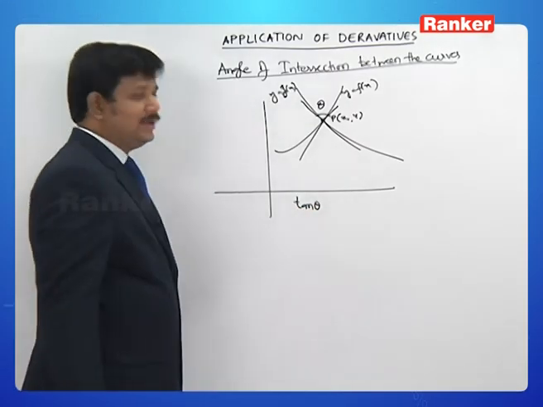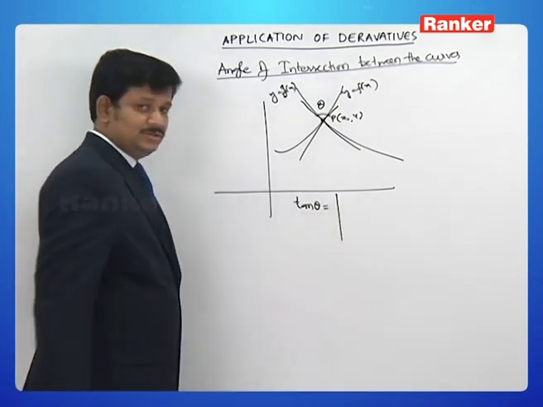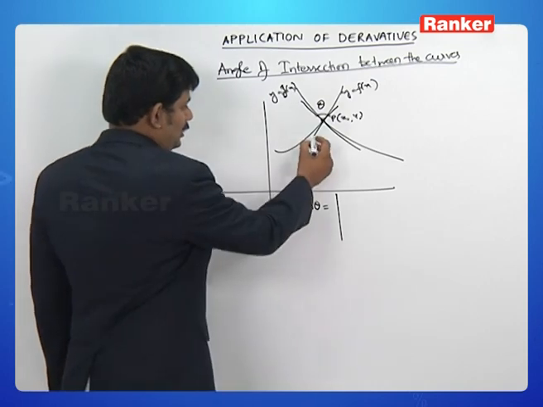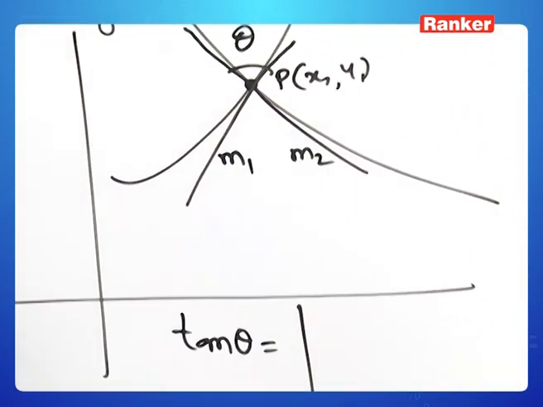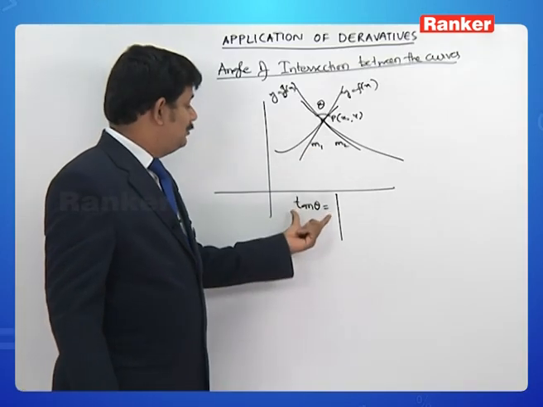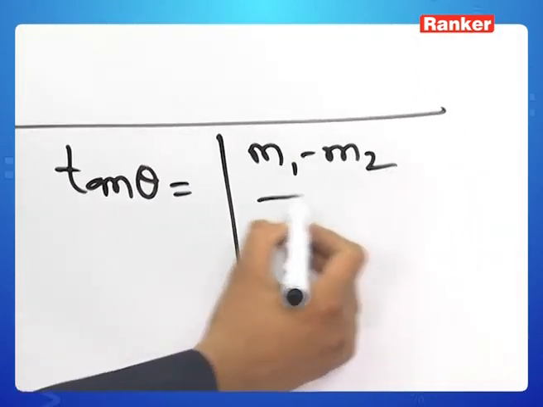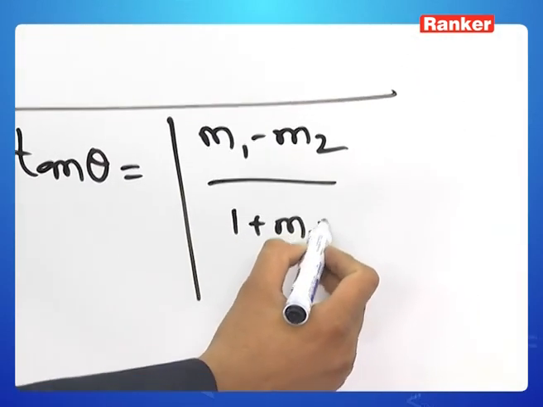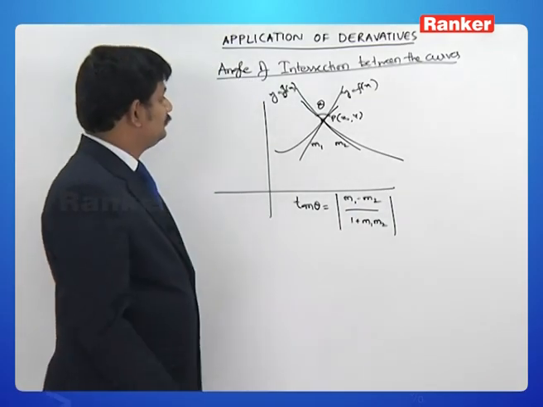Tangent of the acute angle between the tangent lines is given by modulus of, say m1 is slope of this line and m2 is slope of this line, from straight lines chapter we know angle between the lines is given by modulus of m1 minus m2 by 1 plus m1 m2. So, we use the same concept here.